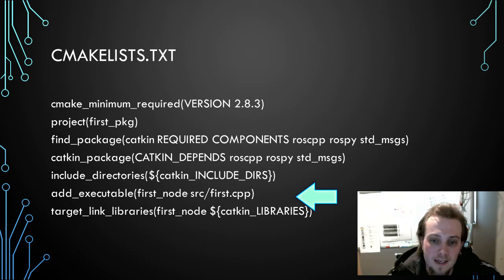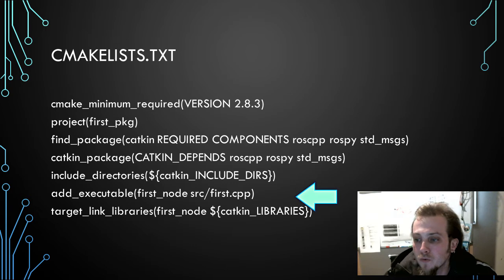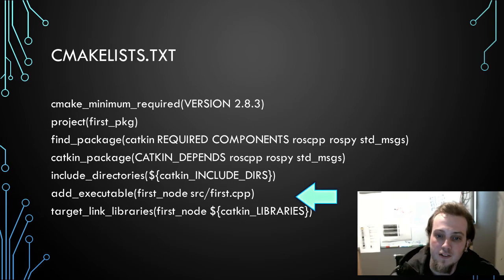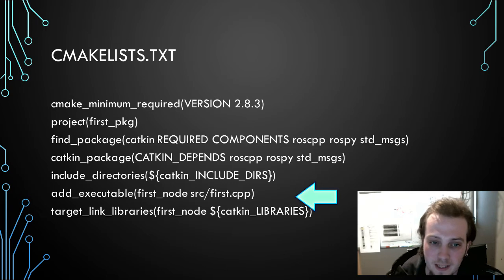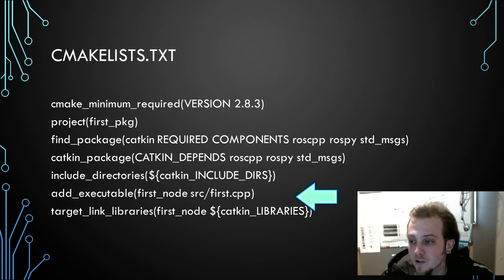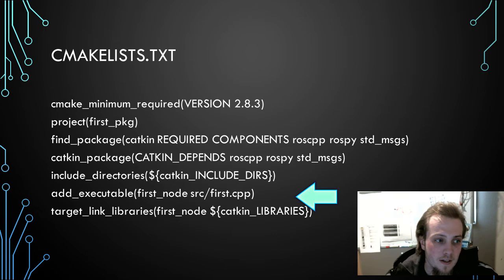So here is where your code that you have written comes in. This is going to take your code, compile it, and make the executable, like most of you have done with other programming languages. So in this example, we have the executable name first node. Okay, so that's the thing that runs. And to make that executable, it will use the code called first.c++ in our source folder.